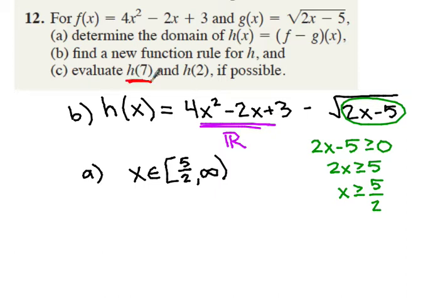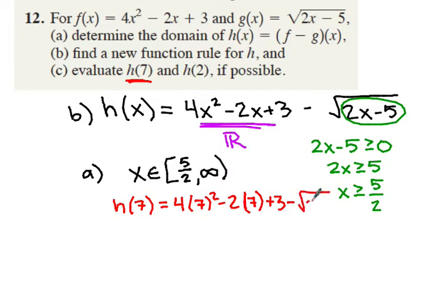So h of 7 will be, just substitute 7 in for where all of our x's are. So 4 times 7 squared minus 2 times 7 plus 3 minus square root of 2 times 7 minus 5.